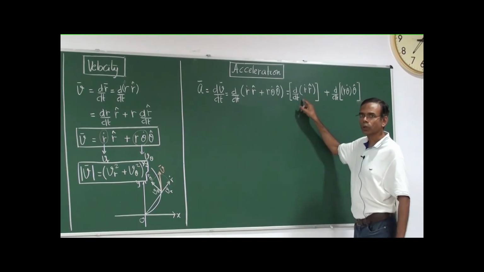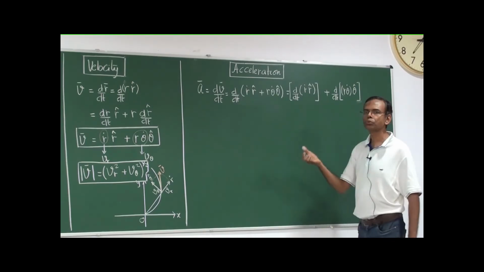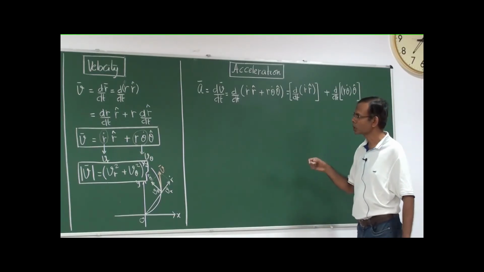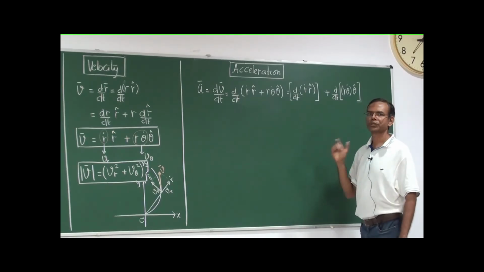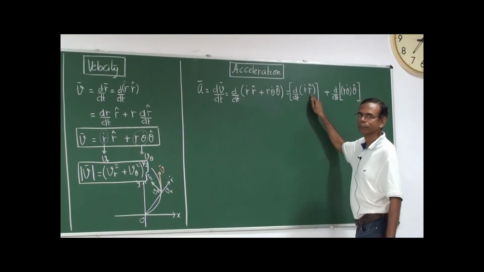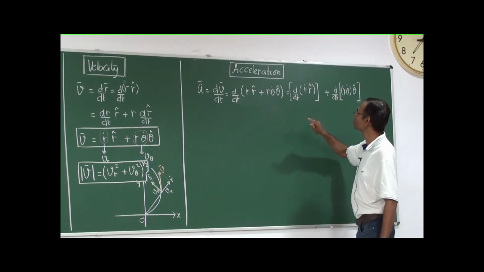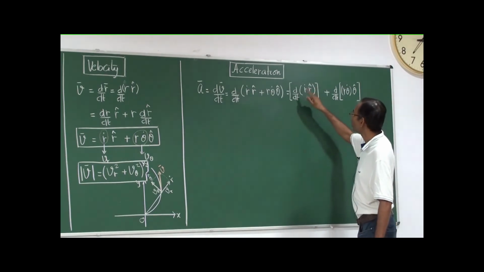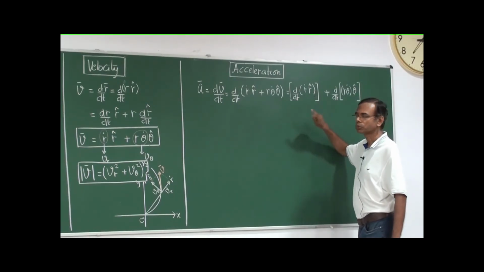It is important because our velocity vector consists of two major terms. The one is the radial term and the other is the tangential term. Now this radial term consists of two things, that is r dot and r cap. So the acceleration arising from this radial part: r dot can change, r cap can change, both.